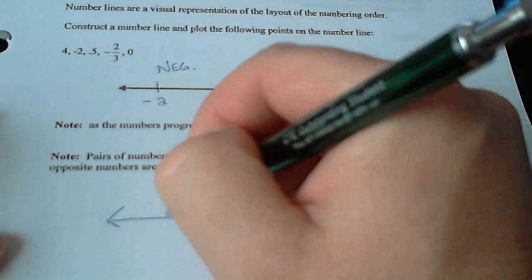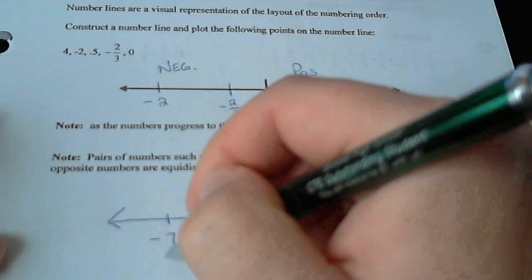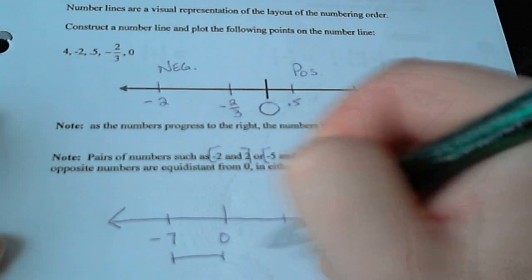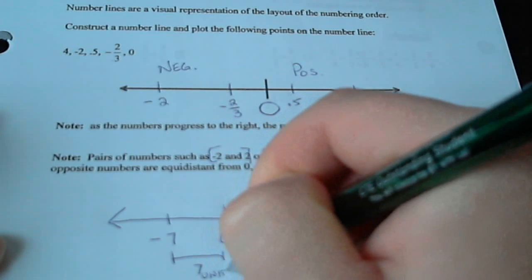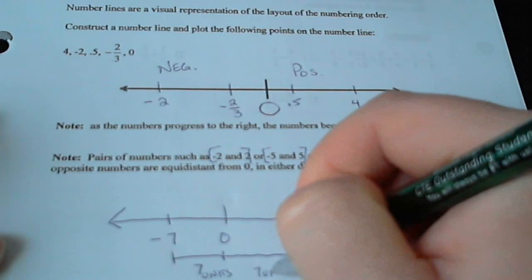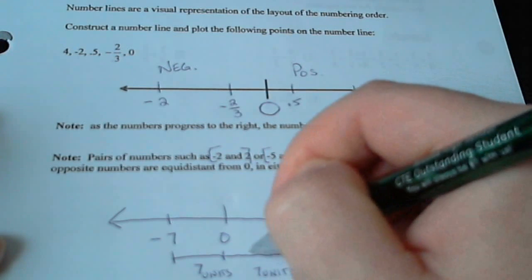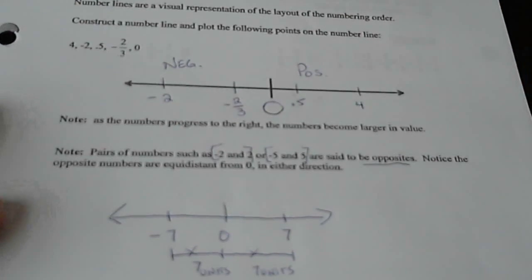So if I draw a new number line like this, and I put -7 down here, and I put +7 up here, this distance from -7 to 0 is 7 units, just like this distance here is also 7 units. Notice how this distance has to be the same as that distance. Okay? Let's go to page 2.